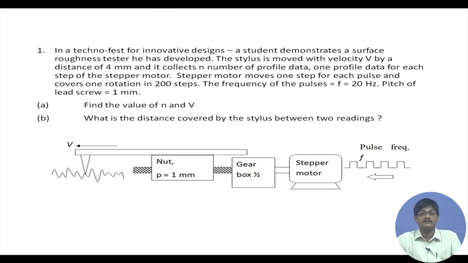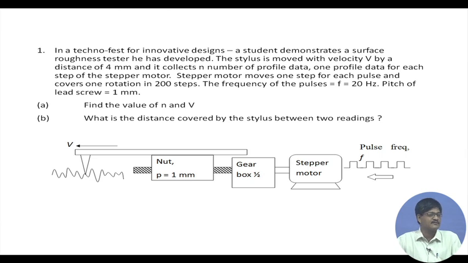It has a nut of 1 millimeter pitch connected to the stylus which records roughness values on a rough surface, shown on the left side, and this nut is made to move by a lead screw operated from a stepper motor through a gearbox of ratio half, and pulses of frequency f are sent to the stepper motor to make this work.